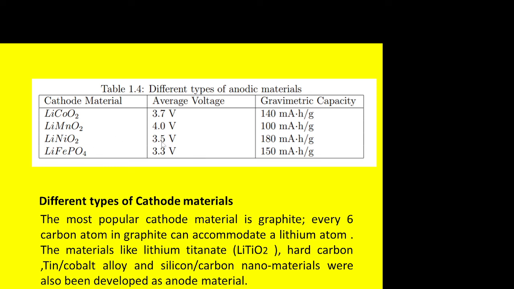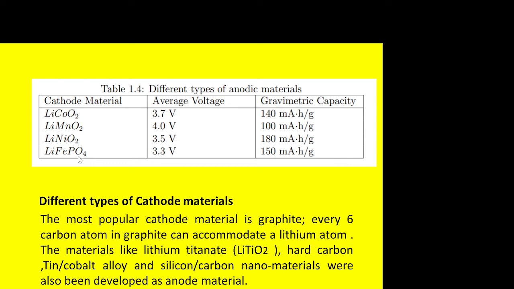Nickel oxide has a potential of 3.5 volt, and the gravimetric capacity is 180. This is a higher gravimetric capacity than even the lithium cobalt oxide battery. Lithium iron phosphate battery: lithium iron phosphate has a potential of only 3.3 volt, but the gravimetric capacity is 150 milliampere hour per gram.